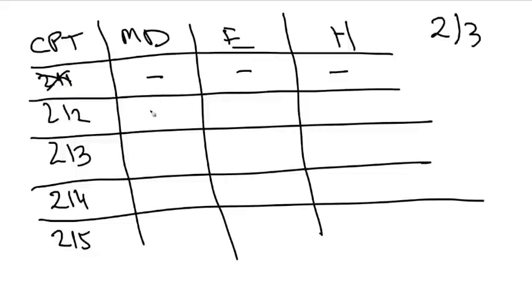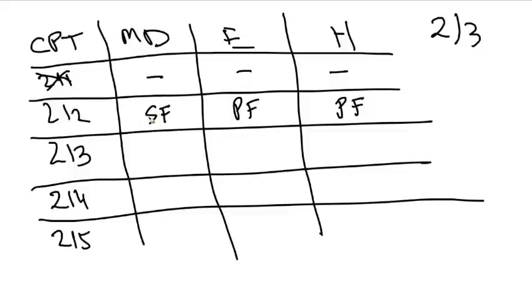212. Now the medical decision must be straightforward, the examination must be problem focused, and the history must also be problem focused. Don't forget, it's 2 out of 3 elements must meet or exceed the criteria. But as you remember, the medical decision is really the more important one. That's why I put it here first, because this is what determines mostly the level of coding.